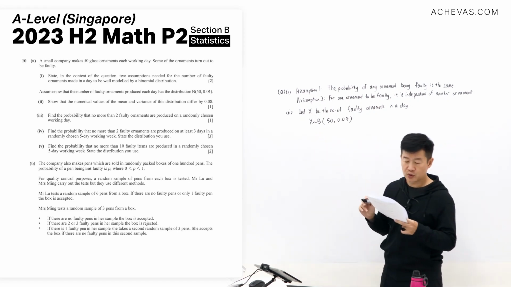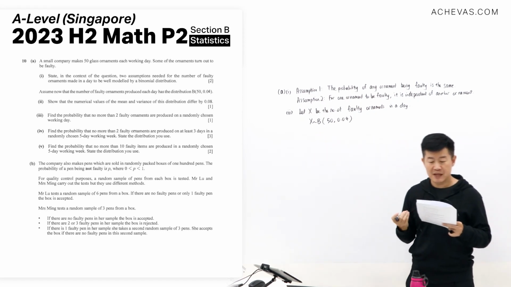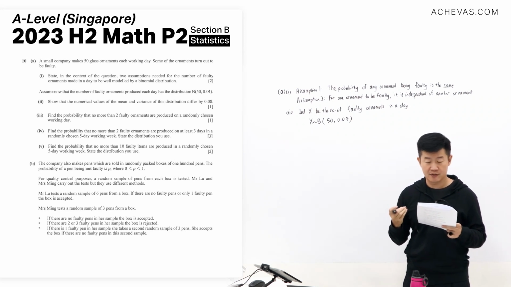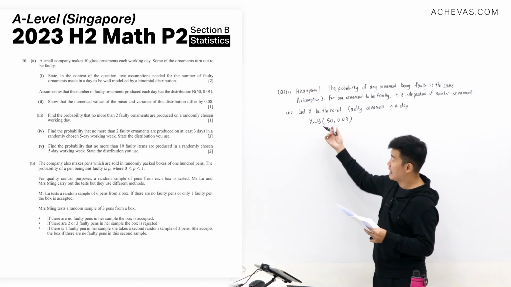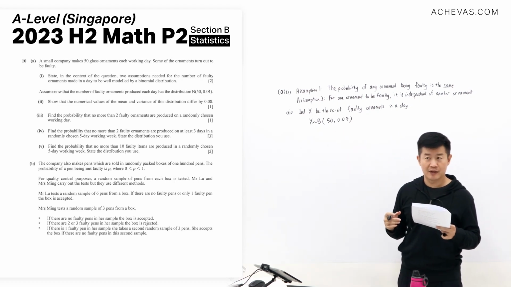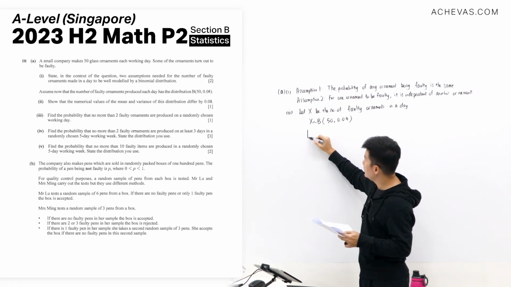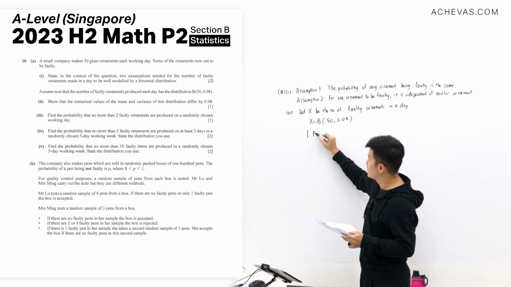In part 2, we want to show that the numerical values of the mean and the variance of this distribution differ by 0.08. The mean will be the expectation of X and the variance will be the variance of X. What the question wants is the numerical difference between these two.